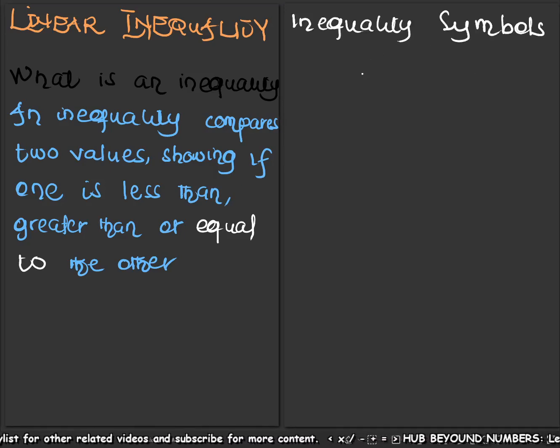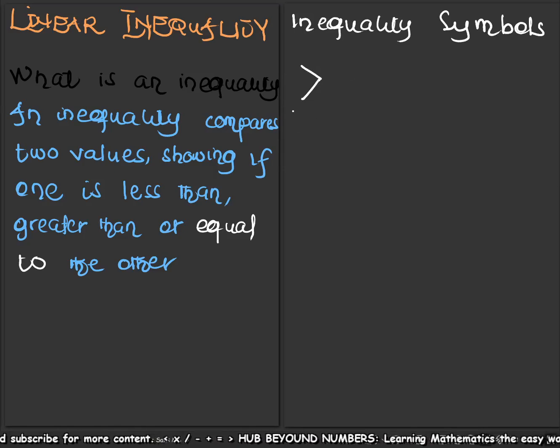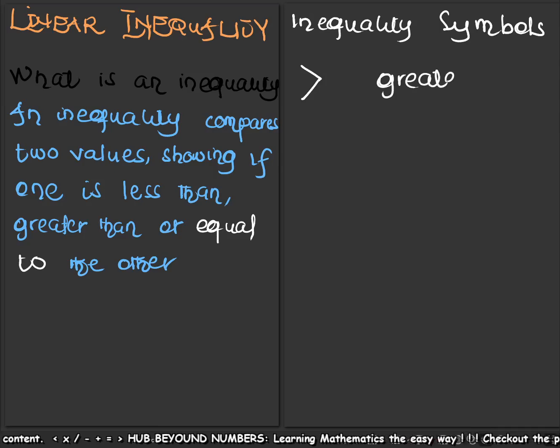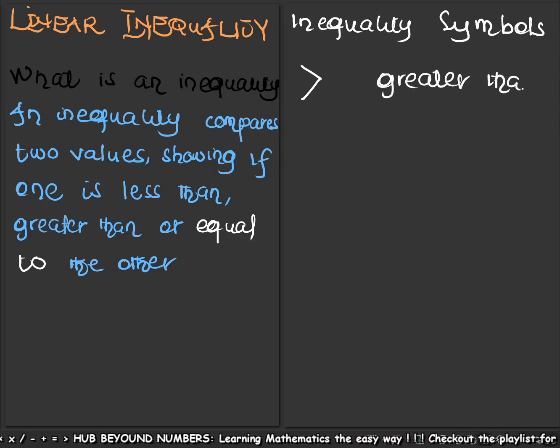Under inequality symbols, the first one we'll be looking at is this symbol over here. This is called the greater than. We use it to show that one number or value is greater than the other. Just the literal English meaning.